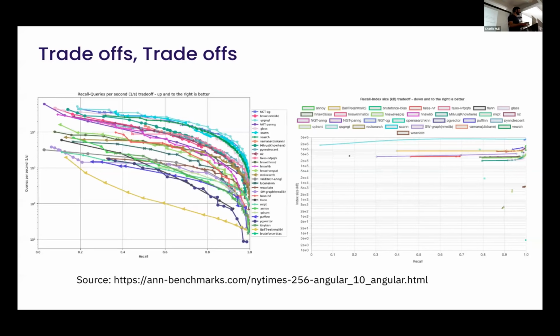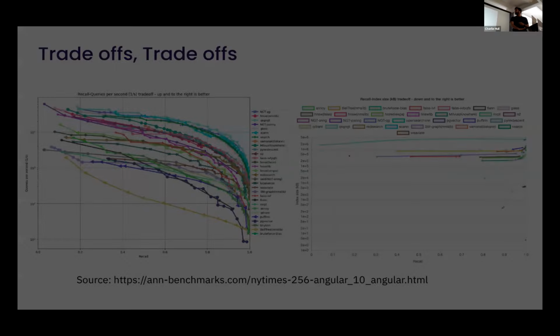That's why there are a bunch of fancy algorithms, which have already been talked about in today's talks and yesterday's, which try to solve this approximate problem. All of them have their own parameters which you could tune, like going for faster index builds at the expense of recall. You can learn much more about this at ANN benchmarks, which has also been mentioned multiple times over the last 2 days.